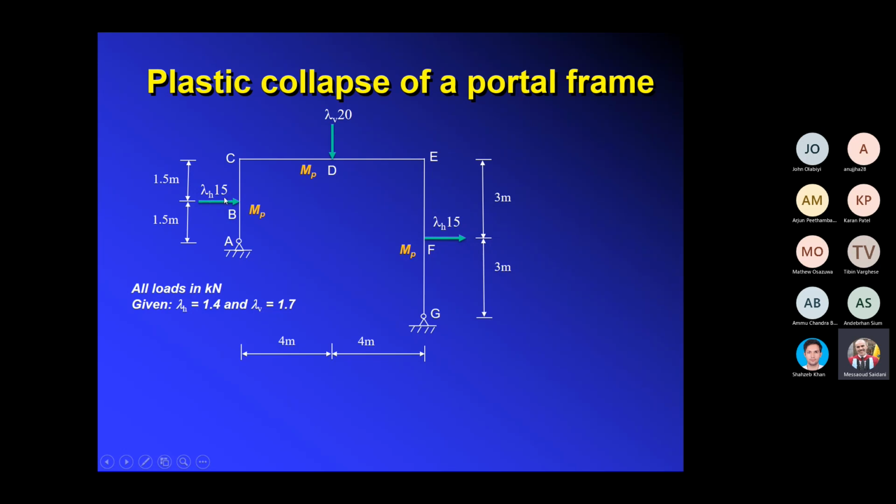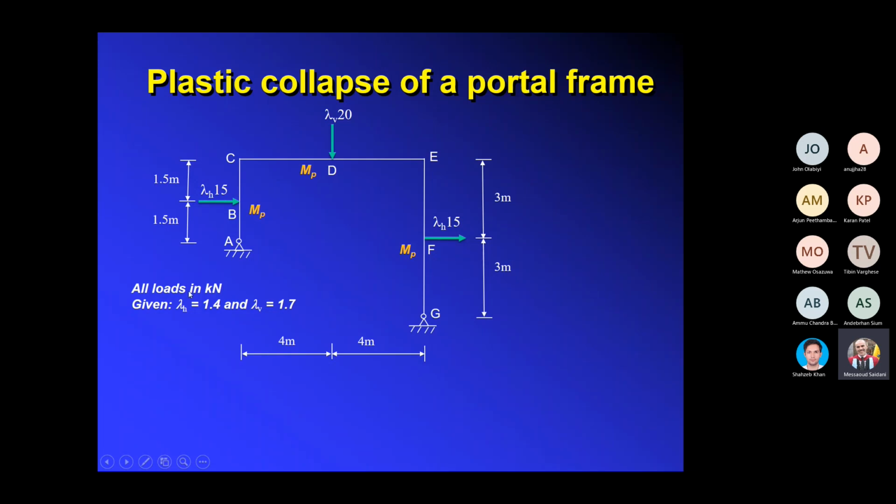That means 15 times lambda H, and lambda H is the load factor for the horizontal loading, which is the same at the other side. They don't have to be the same, but in this particular example, we've got the same lambda used on both sides of the columns, AC and EG.